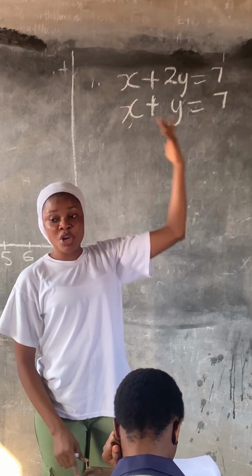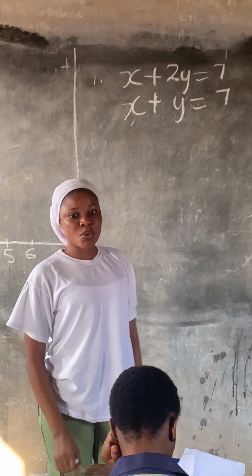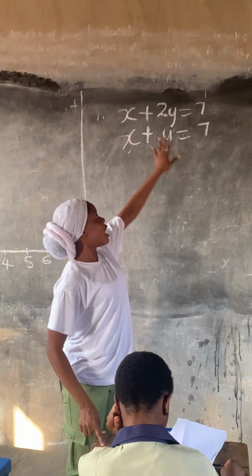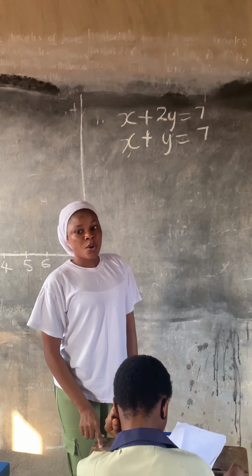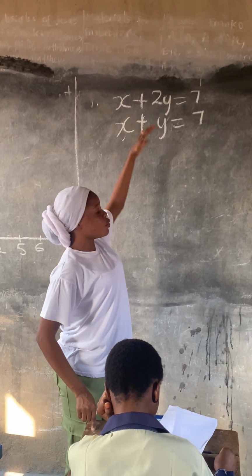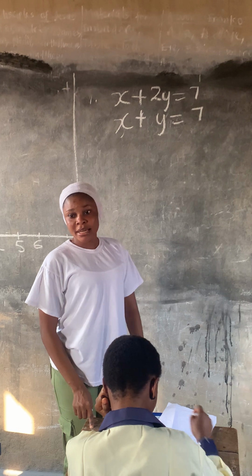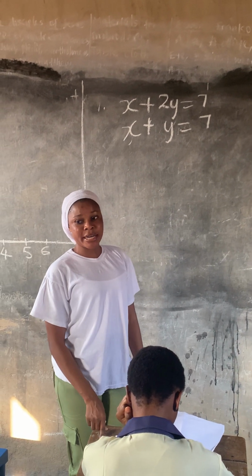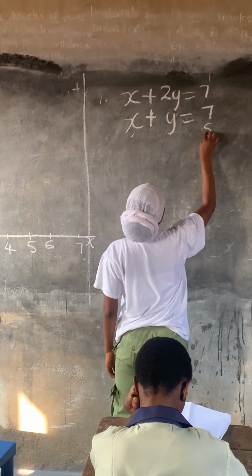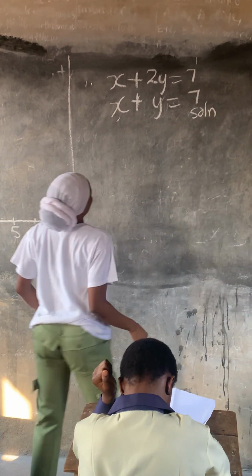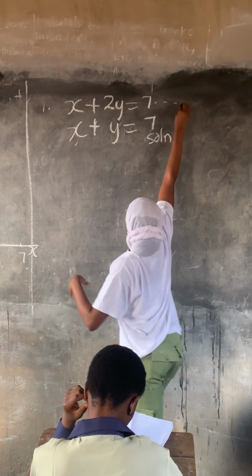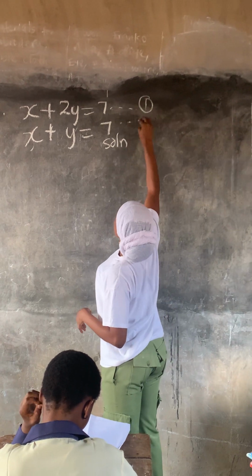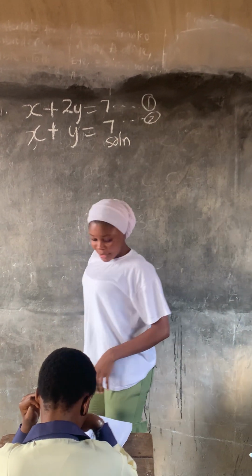So 1 is equation 1 and 2 is equation 2, okay? You solve them differently. This one you have your x and your y, and this other one you also have your x and your y, okay? We call this equation 1. This is your equation 2, okay?